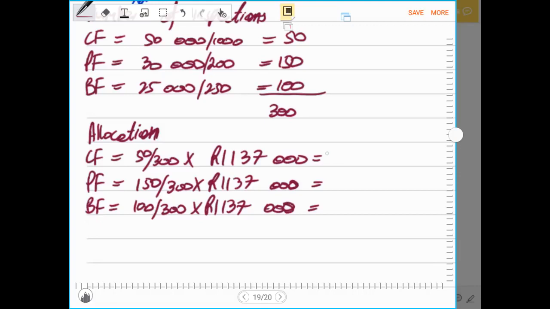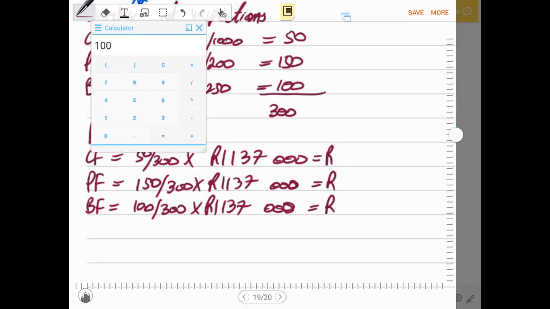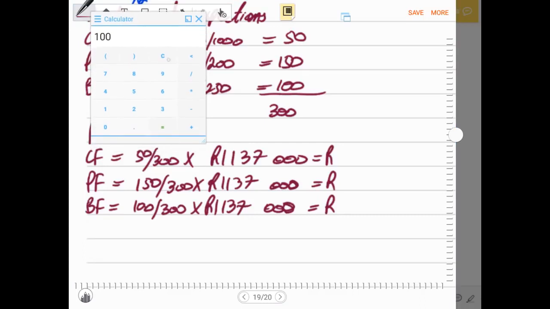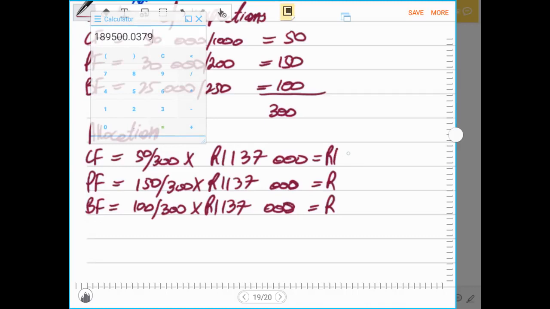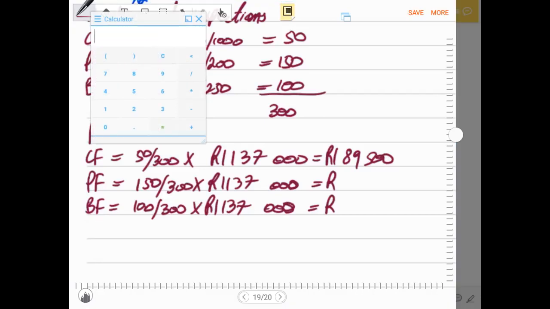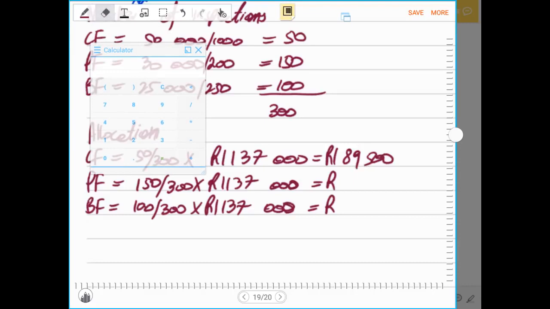Then after we calculate the figures, the first one is 50 over 300 times 1,137,000. It is 189,500.